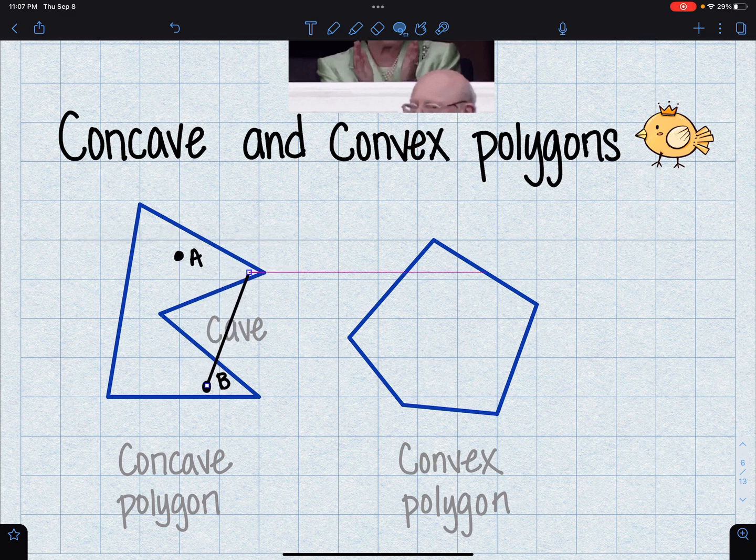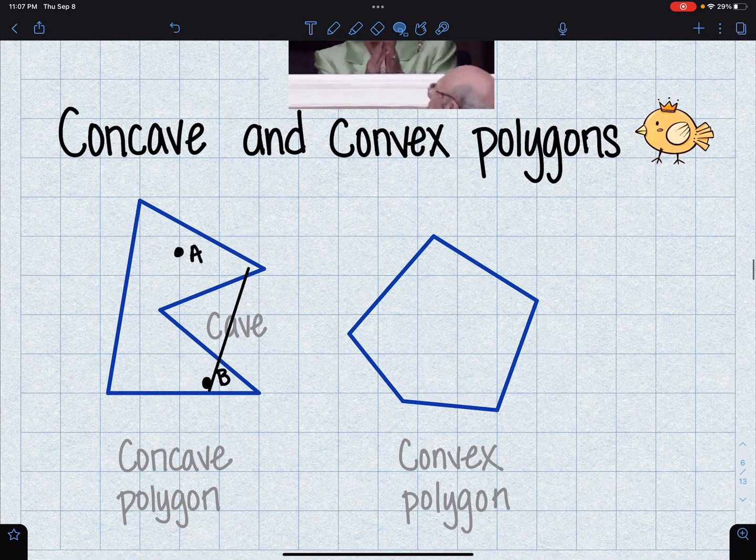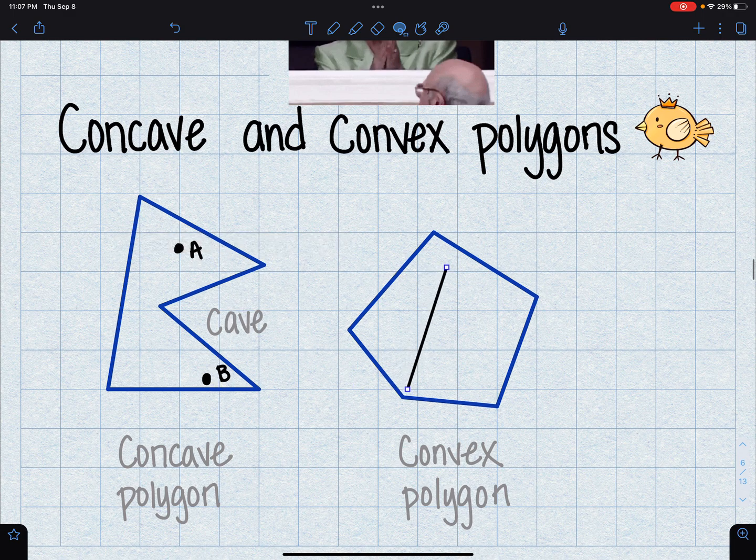Like if I can put it anywhere and it's still going outside at some point, then that's concave. But if I can put it inside the polygon and it's never going to cross to the outside as long as both endpoints are inside the polygon, then it's a convex polygon.